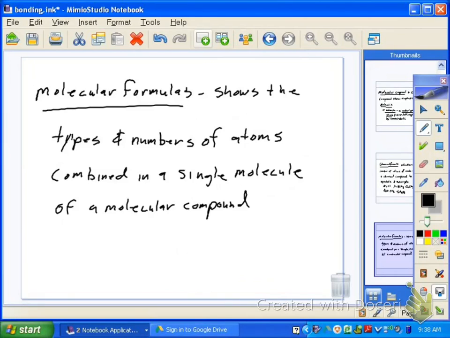CO2 has a double bond. So carbon oxides, 1 carbon, 2 oxygens, 2 nonmetals hooked together. We look at the difference in electronegativities. We're going to find out that it's going to be covalently bonded together. Okay? So CO2 would be this example.